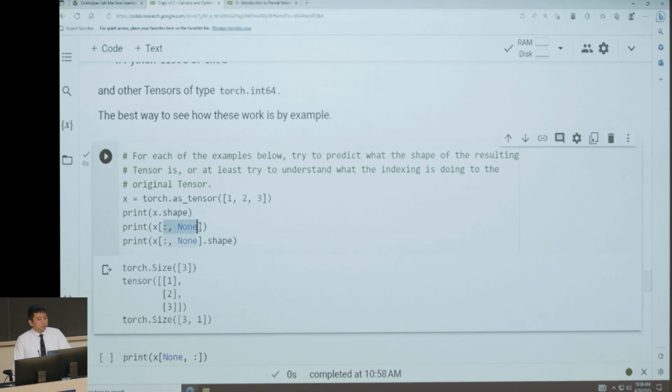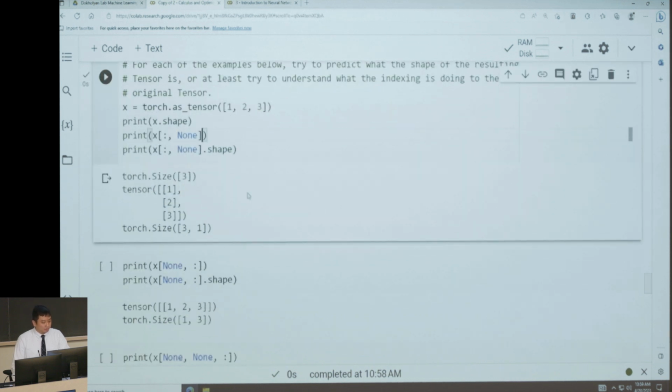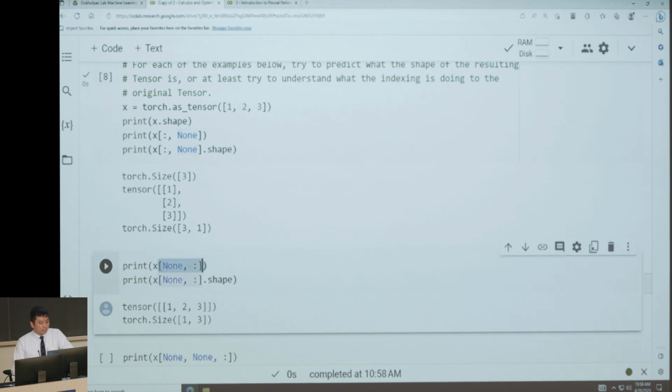Actually, all of these rules apply for NumPy as well. You can index into NumPy arrays with this type of notation. OK, so that's what happens when you put none at the end. What if we index it as the first dimension? Well, instead of a column tensor, we'll get a row.